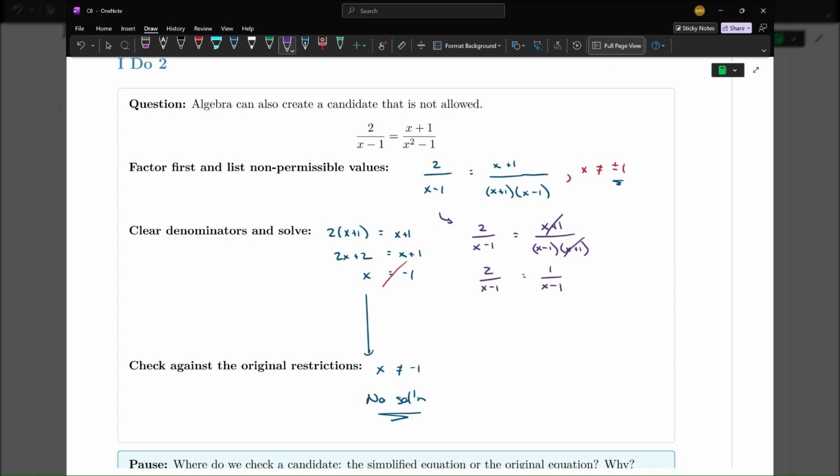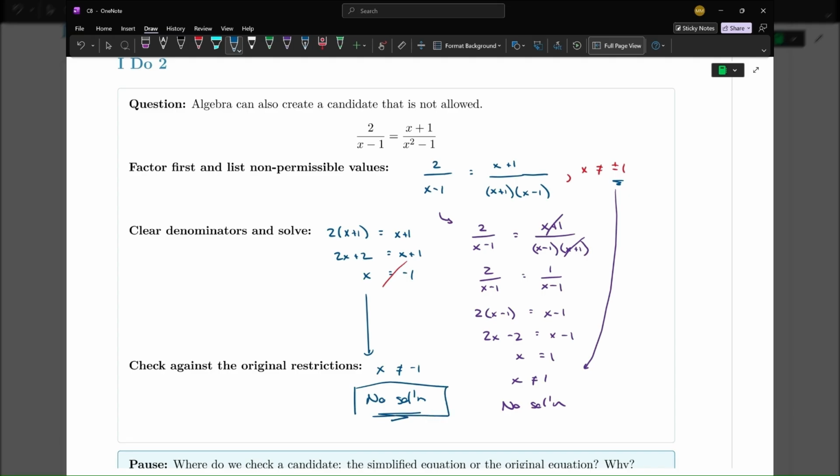If I multiply through by x minus 1, I get 2 equals x minus 1, so x equals 3. Hmm, wait, let me redo that: 2x minus 2 equals x minus 1, x equals 1. It's a different answer, but again, I see x cannot be 1, so I end up in the same place: no solution. Either way you go, you are going to get no solution.